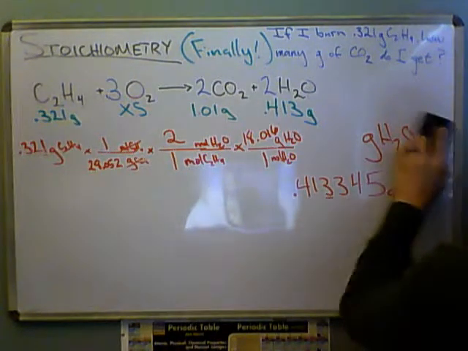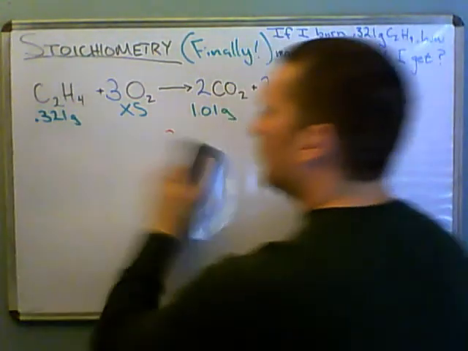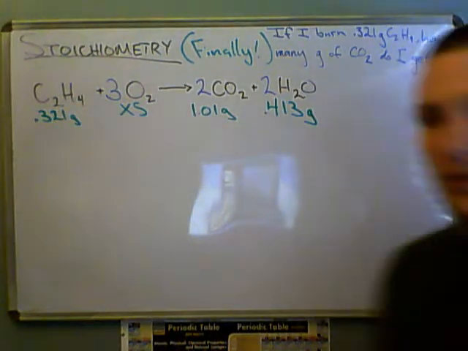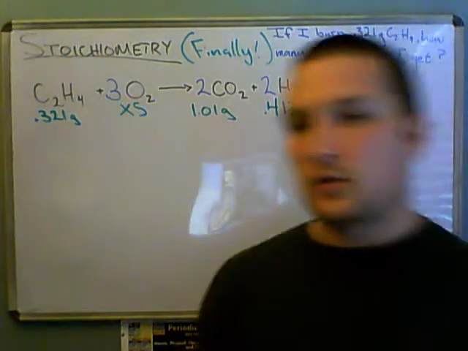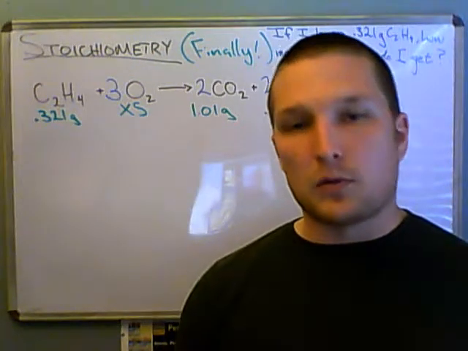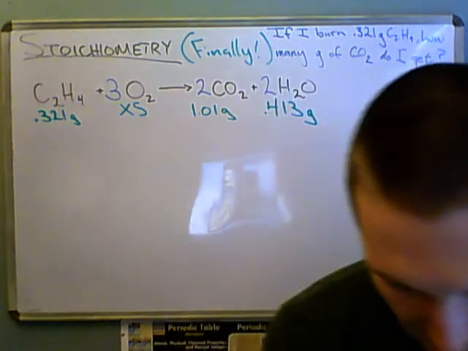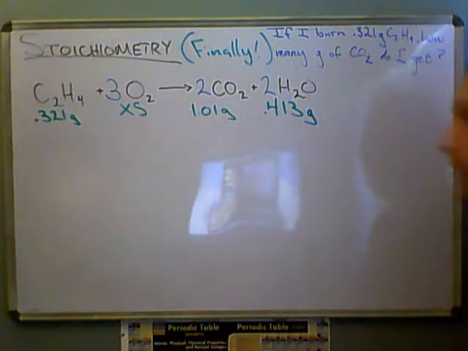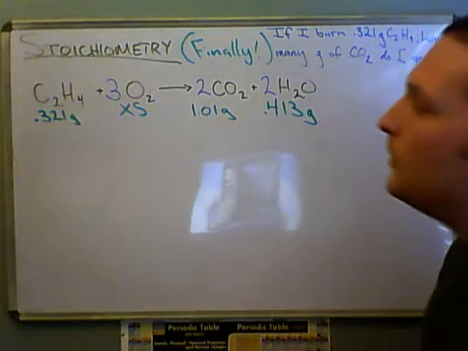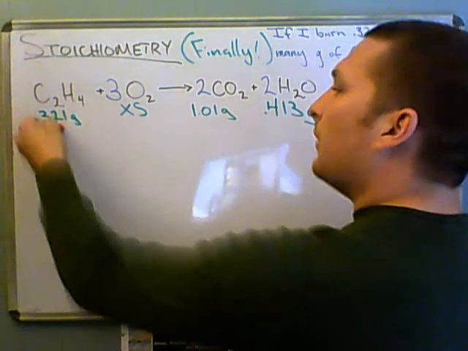Now, the only thing we don't know so far is how much oxygen did we use? Well, there are a few ways to figure this one out. And the way I'm going to do first is with moles, because moles is pretty straightforward, I think. So let's see. We always start with what we know, right?